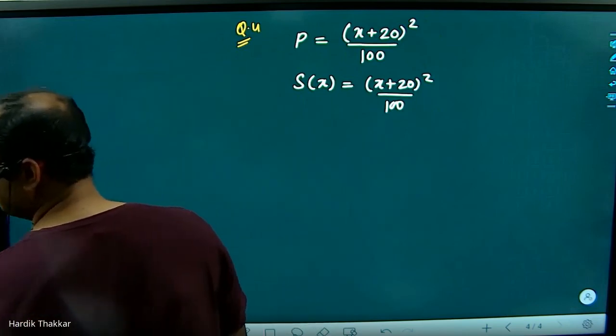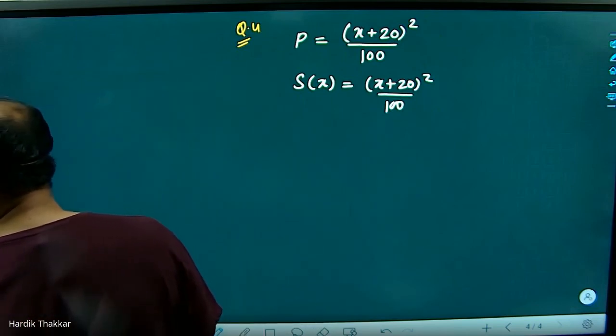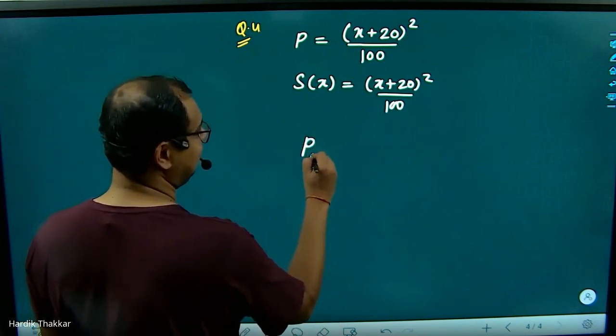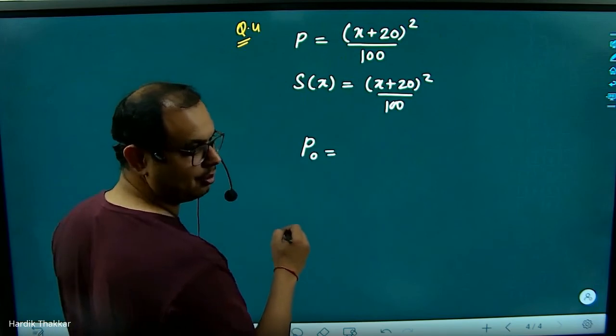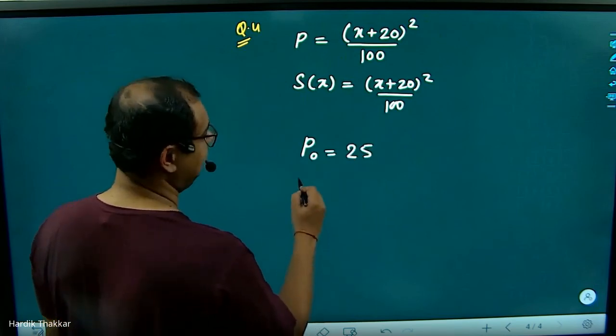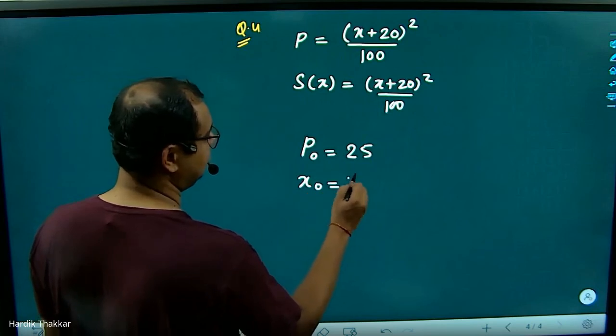Now you have to find the producer surplus when the market price is 25. The market price is given, it means you will consider P naught. P naught is equal to 25, it is given. Further you have to calculate X naught.